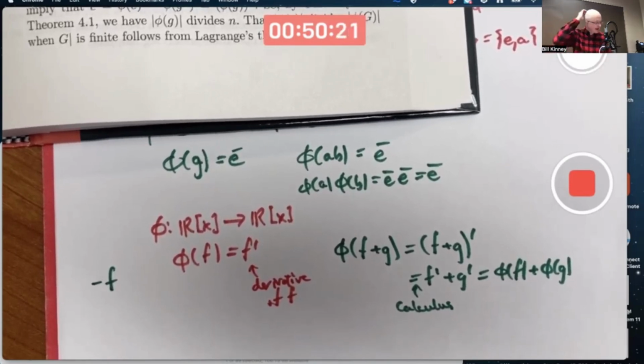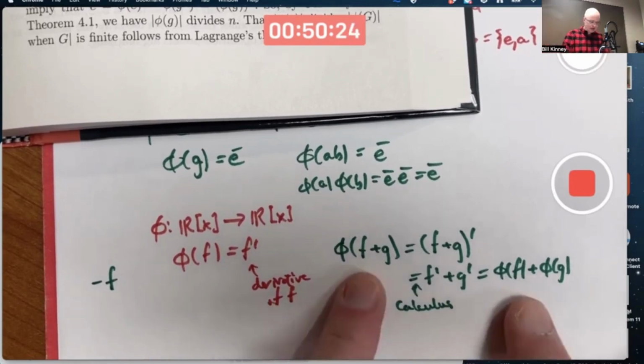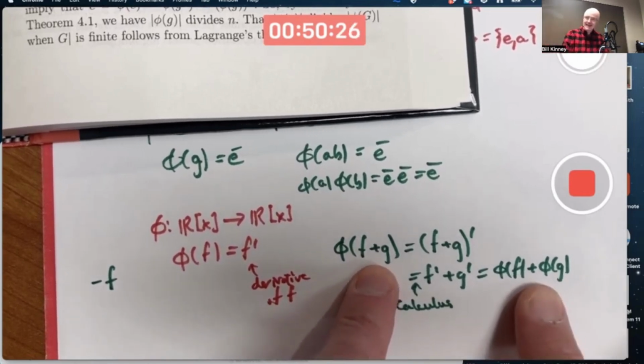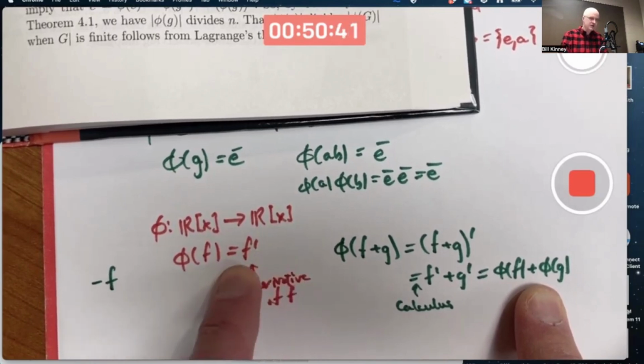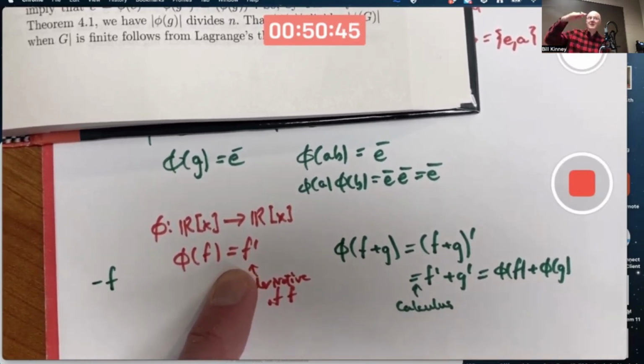What's the kernel of this mapping? It is a homomorphism. This proves it's a homomorphism. Notice the plus sign, the operation is addition. What's the kernel? It's everything that maps to the identity. What's the identity? The polynomial 0. So I'm after all functions whose derivative is always 0. The kernel is all constant functions that have a graph that's a horizontal line.